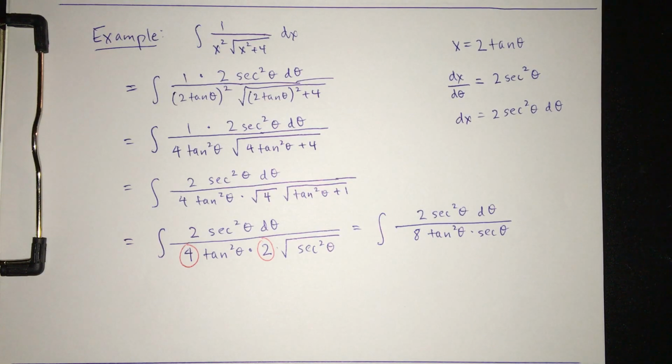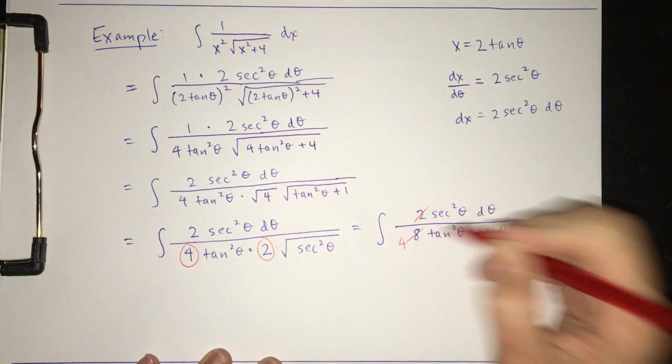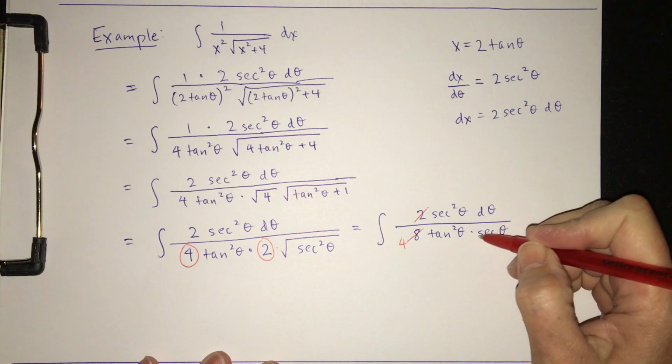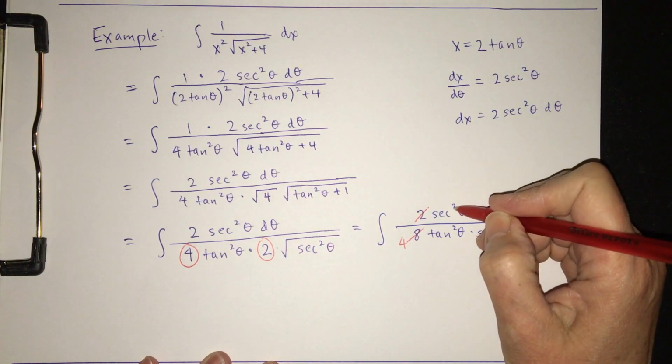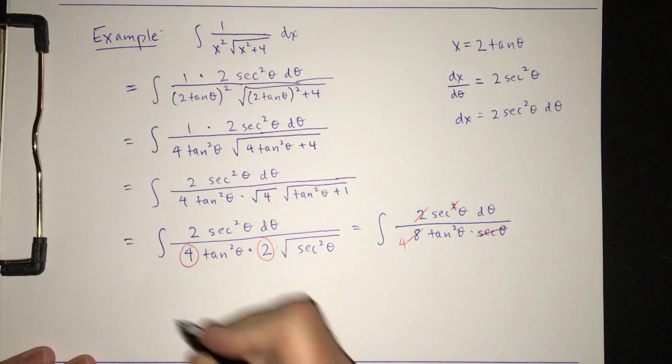Now let's reduce. The 2 reduces with the 8 to give me a 4 in the denominator. The secant theta in the bottom will reduce with one of them in the top to give me secant theta in the top.